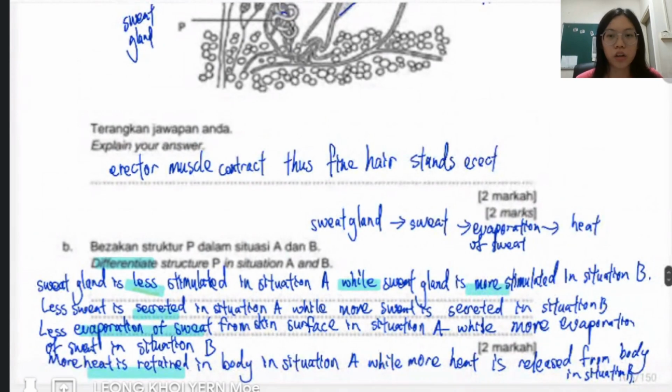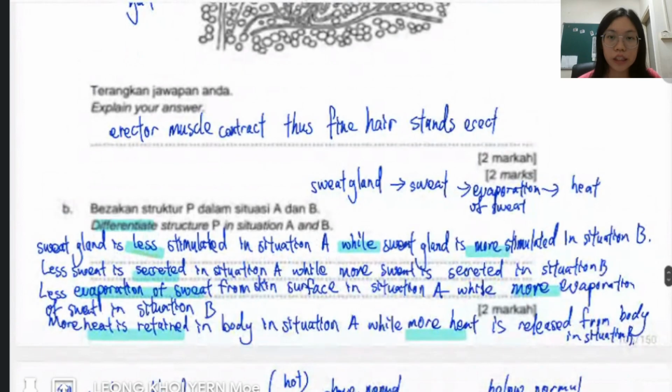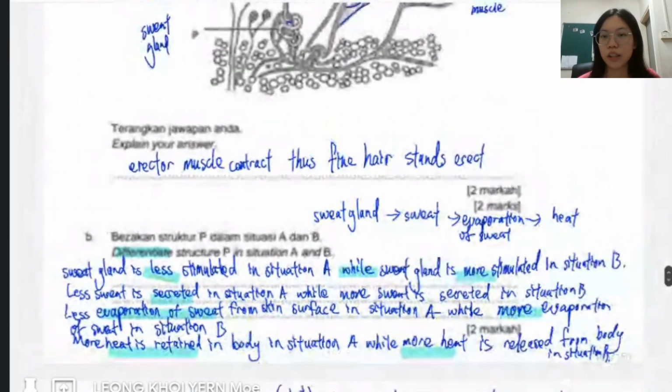For situation B, it is all the opposite way: more sweat is secreted, and more sweat means more evaporation. So you have to emphasize with the words more or less lah. Then lastly, more heat is released from the body in situation B. So this is how you differentiate structure P in situation A and B lah.